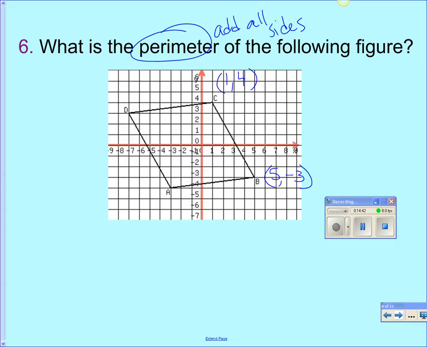Ethan H., help me with D. Very good. Good job, guys. -7, 3. And Haley. Very good. -3, -4. Okay.